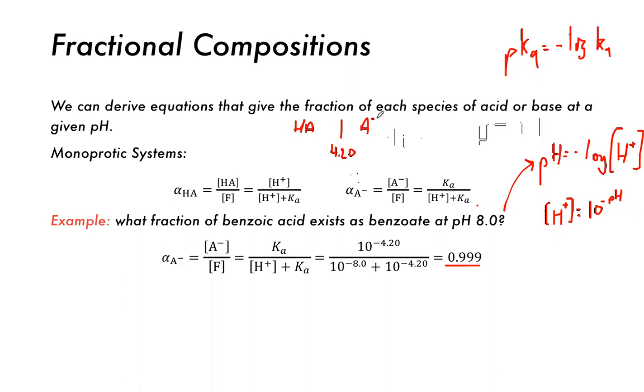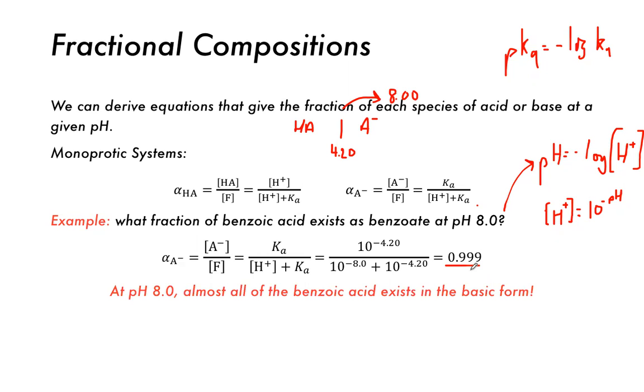But if we go really far into the basic part, to pH 8.0, we end up with something which is predominantly A minus. That has been revealed to us as the fraction is almost 1 for the fraction of benzoic acid which exists as benzoate at pH 8, because we're quite far away from the original pKa pH. So at pH 8, almost all of the benzoic acid exists in the basic form.